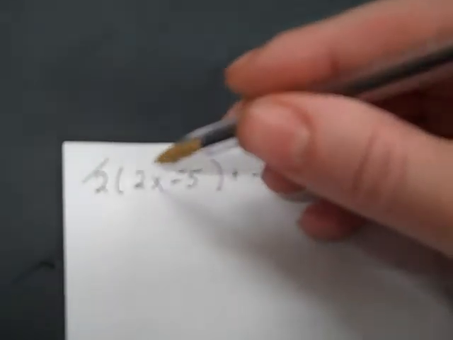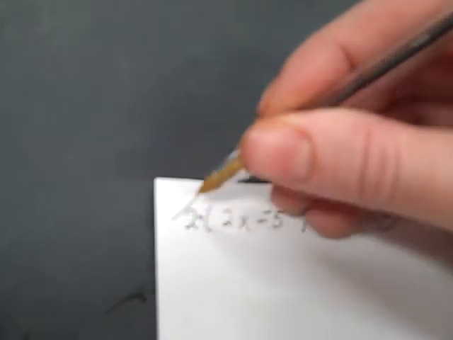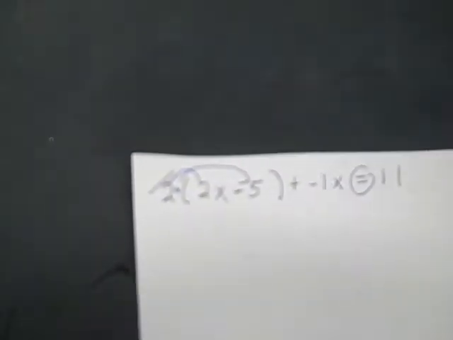Now, the problem is you have this parentheses, and in the parentheses we have a 2x plus negative 5. Well, we don't want that parentheses there. So what I do is it has a multiplying number of 2, so I'm going to multiply. Take 2 times 2, and that's 4.